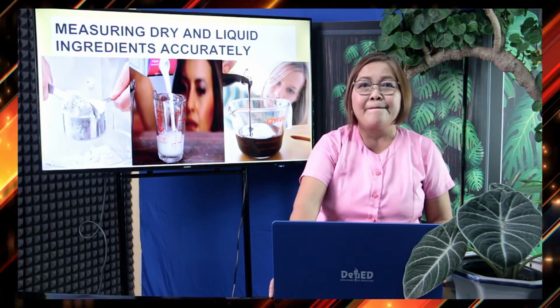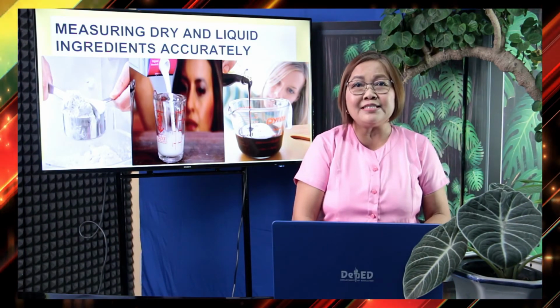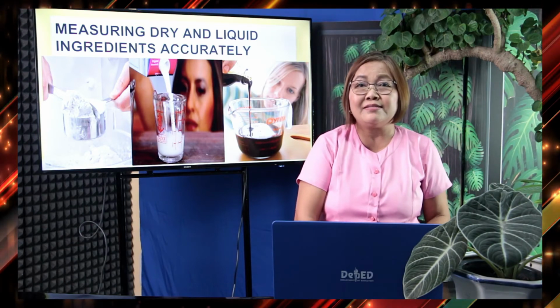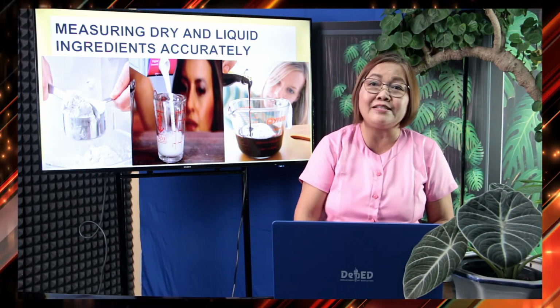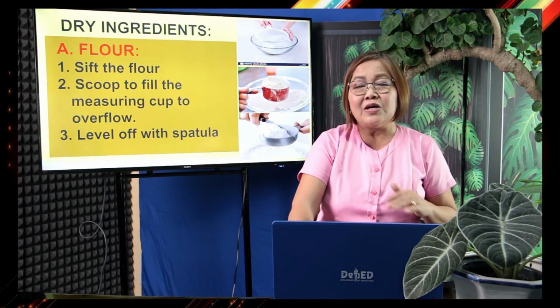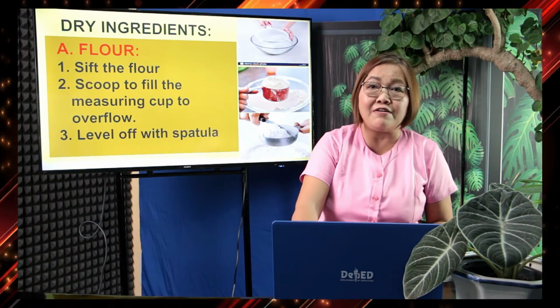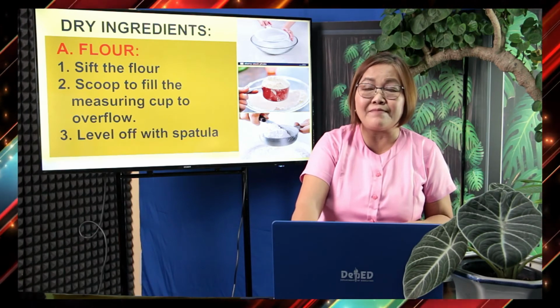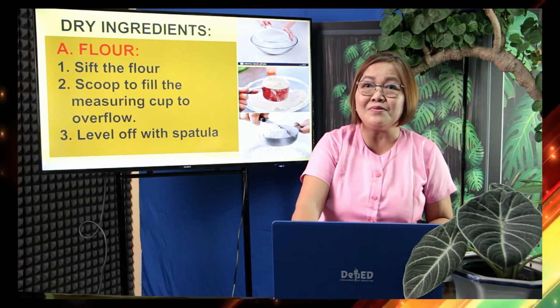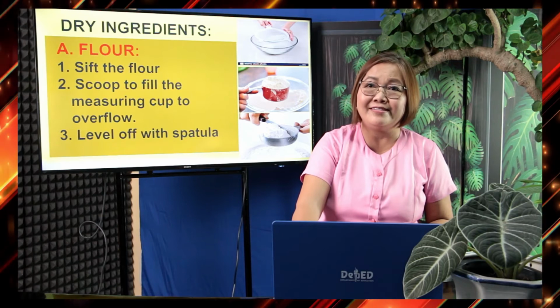Okay, first, let us discuss the dry ingredients, particularly the flour. Now, the procedure in measuring flour is, of course, number one, or the first step, to sift the flour.